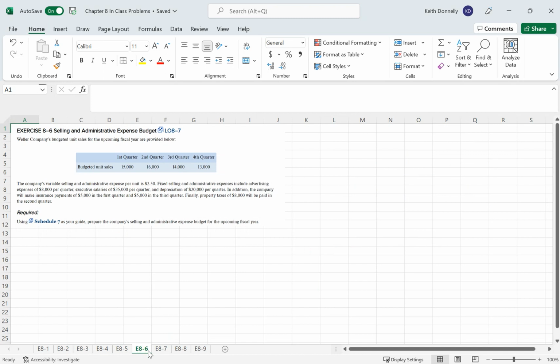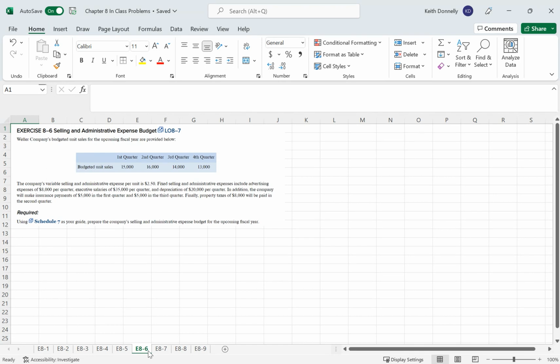All right, let's move on to exercise 8.6. It looks like we have a company and they have budgeted unit sales for the upcoming year as follows, 4 quarters. It says the company's variable selling and administrative expense per unit is $250. They have fixed selling and administrative expenses that include advertising of $8,000 per quarter, executive salaries of $35,000 per quarter, depreciation of $20,000 per quarter.